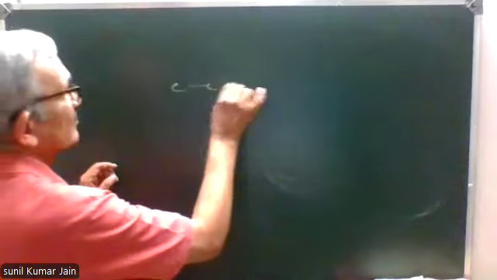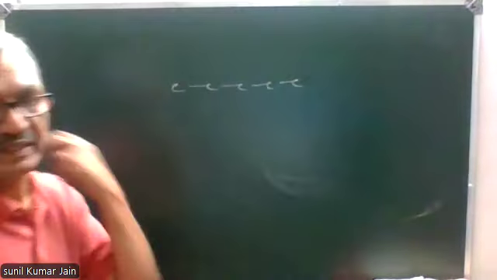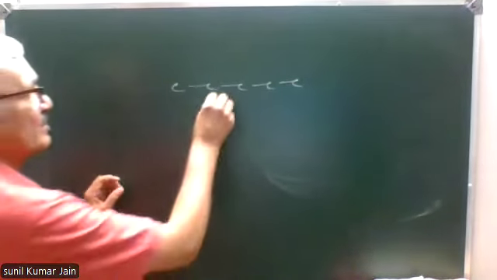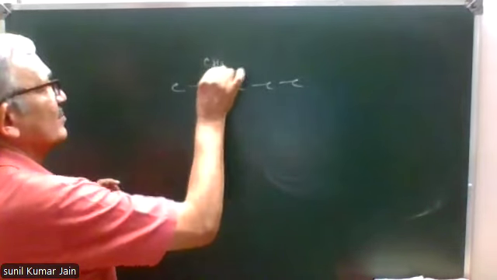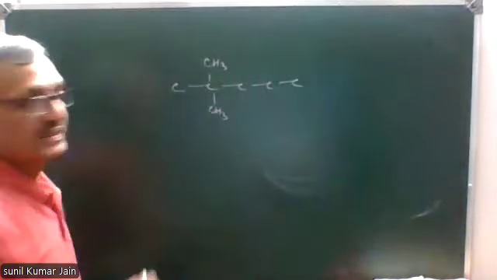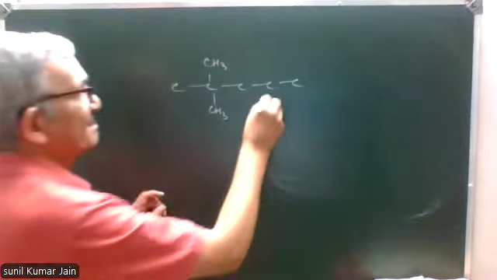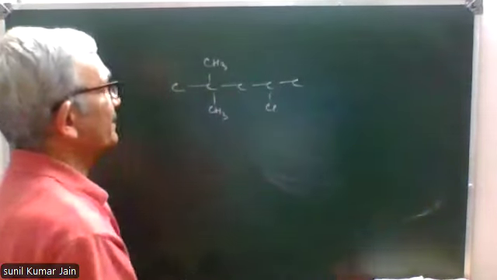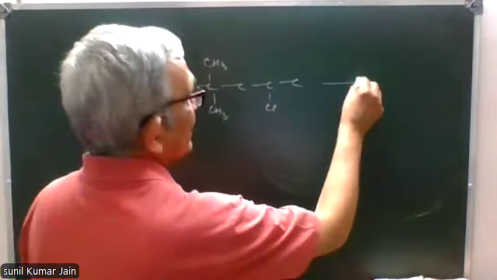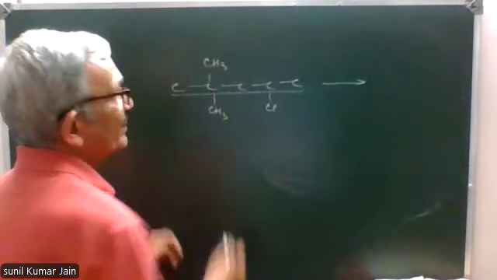In case the first locant is the same in both directions, then we'll look at the second locant in the molecule. For example, this is a chain of 5 carbon atoms. These are 2 methyl groups. And let us say this is chlorine. You know, this is the longest chain.